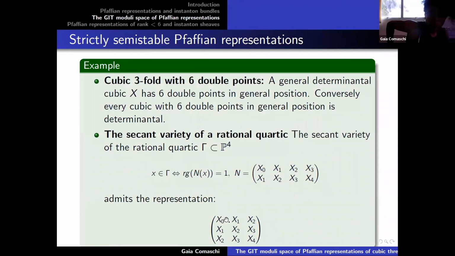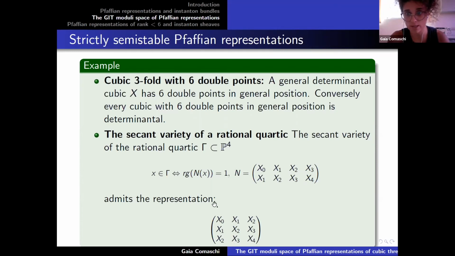Okay. So examples of irreducible determinantal cubic threefolds are the following. A general determinantal cubic threefold is a cubic that presents 6 double points in general position. A possible degeneration of this situation is the second secant variety of a rational quartic.